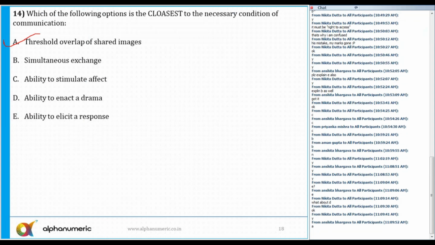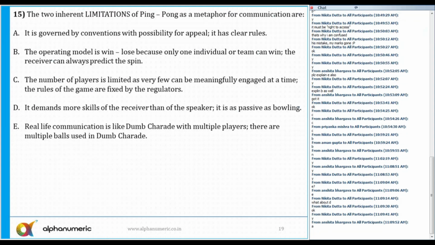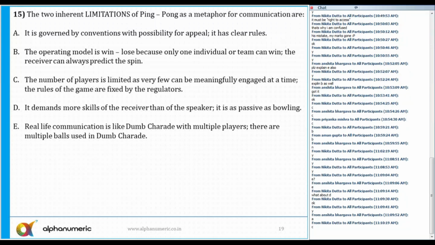Number 15. The two inherent limitations of ping pong as a metaphor for communication are, what do you think? What can be the two limitations of ping pong? I think the two limitations are, number one, that the number of players is limited, there are only two, and the rules of the game are fixed by the regulators.